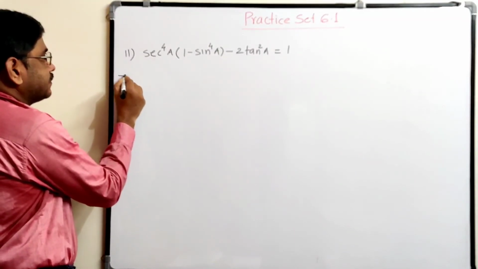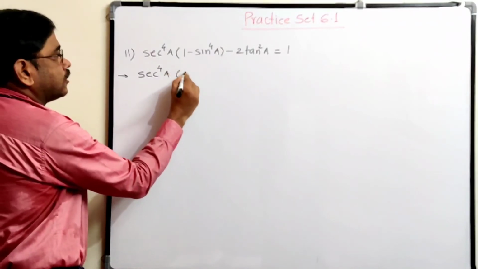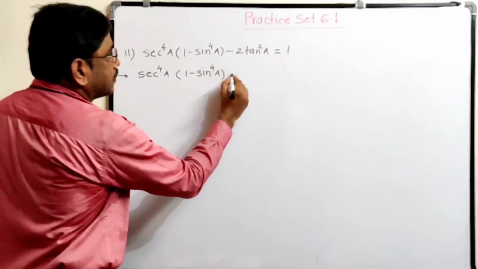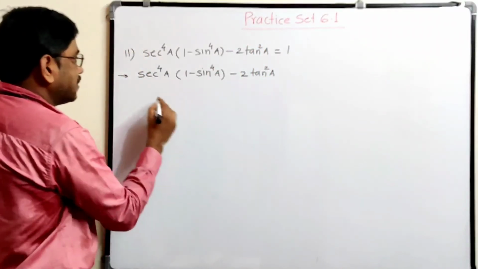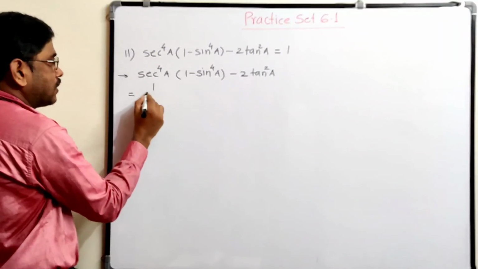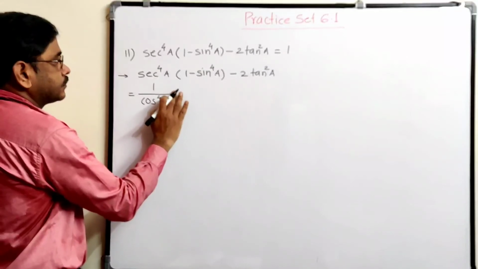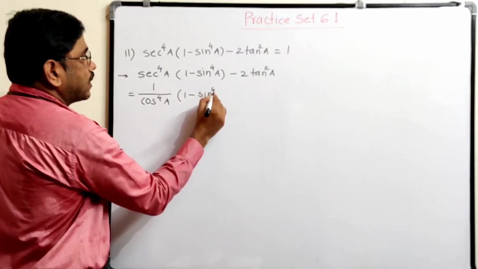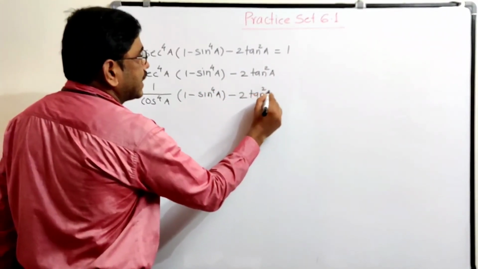Consider this left hand side, sec raised to 4a into bracket 1 minus sin raised to 4a, minus 2 tan square a, लेफ्ट हैंड साइड लिया हम लोगों ने, is equal to this sec raised to 4a can be written as 1 upon cos raised to 4a into bracket 1 minus sin raised to 4a, minus 2 tan square a.